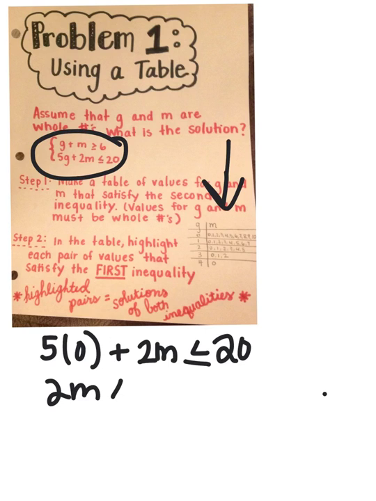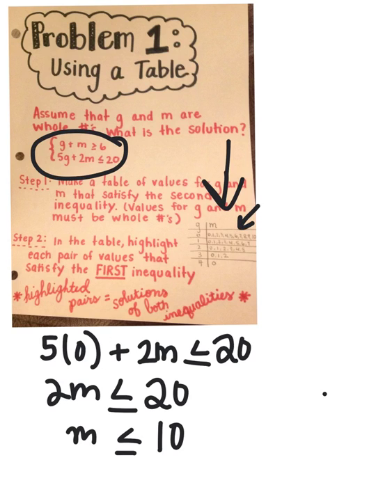So I'm going to get 2m is less than or equal to 20, and m is less than or equal to 10. That is why, if we look in our m column, we have 0 through 10 listed there. And so on and so forth for the different values of g.